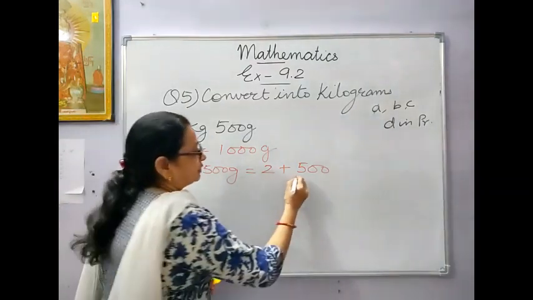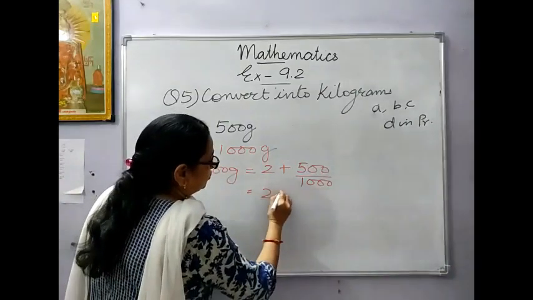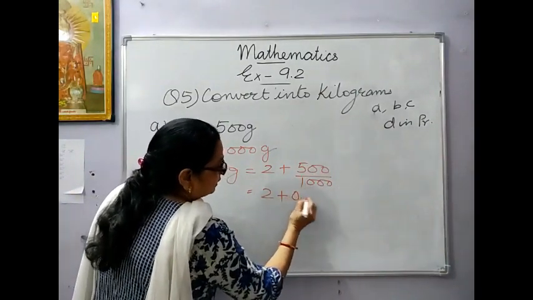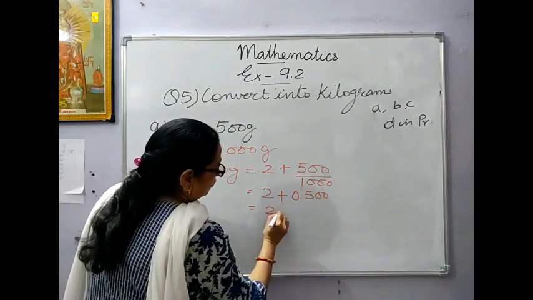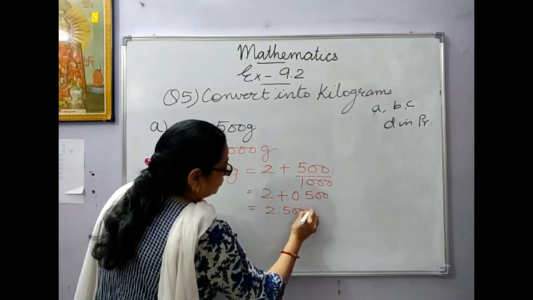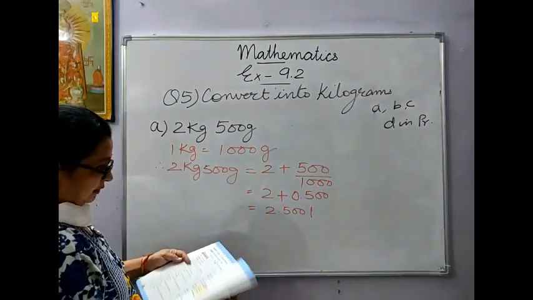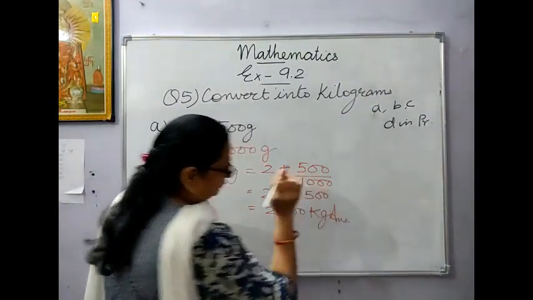Smaller to higher, so we will divide by 1000. So it will be 2 plus 1, 2, 3, 1, 2, 3. This is for whole number, decimal, and it is 5, 2.50 kilo. Convert in kilograms. Yes, kilogram is your answer.